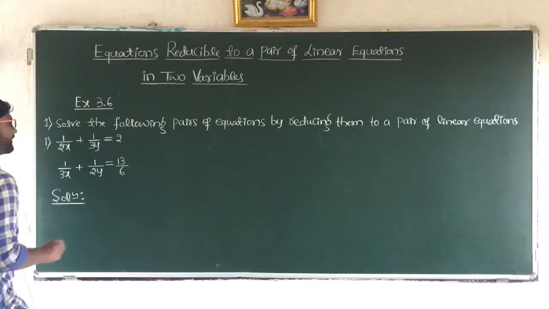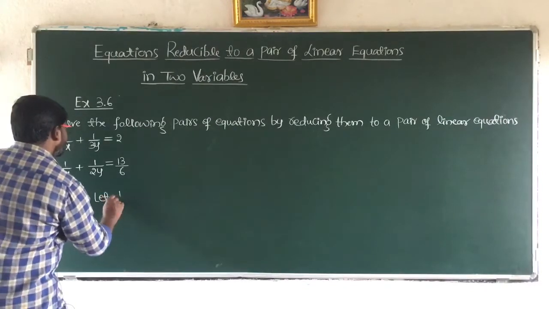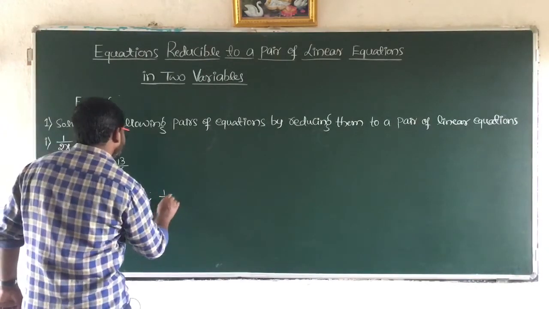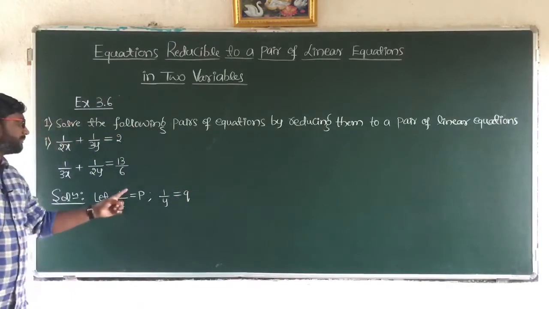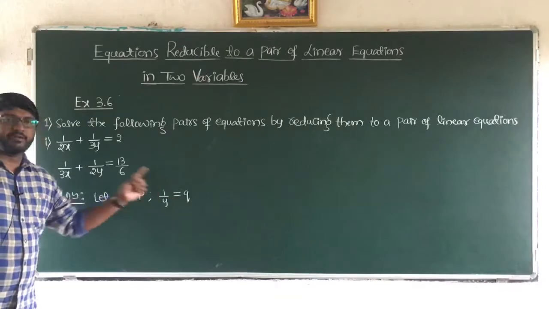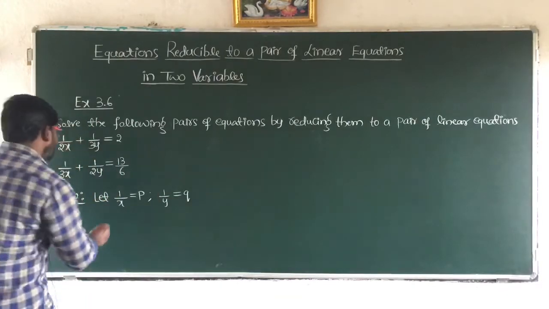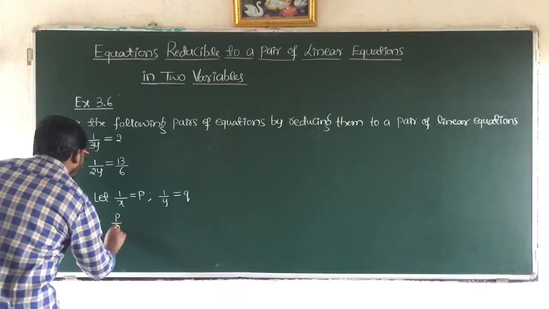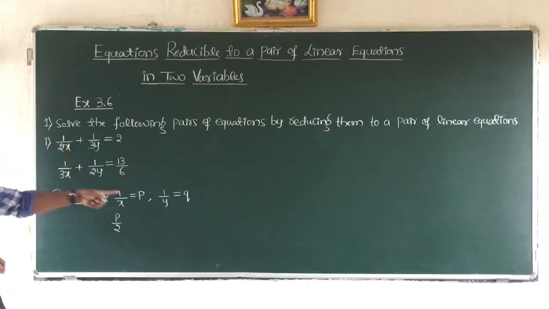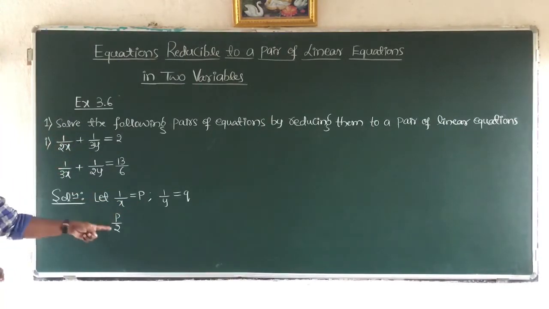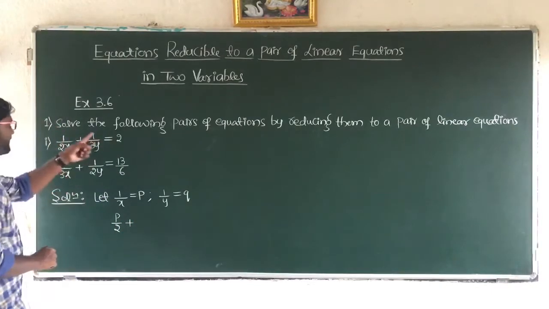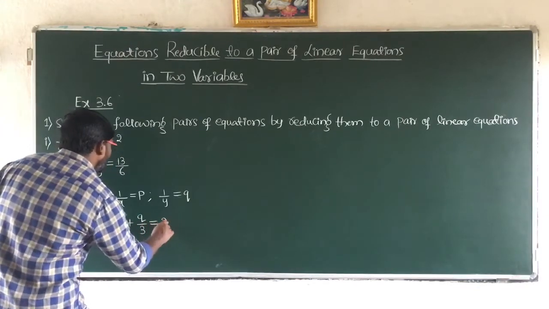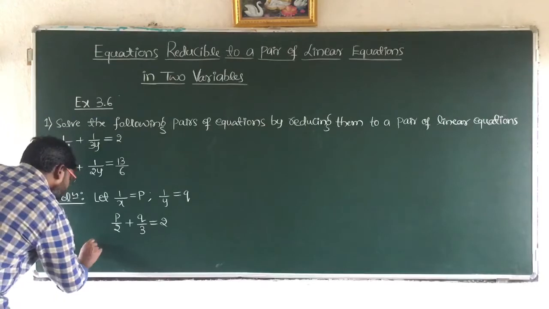Now let 1 by x equal p and 1 by y equal q. I have taken 1 by x as p and 1 by y as q. So I rewrite these two equations. 1 by x is p, so it becomes p by 2 plus q by 3 equals 2.